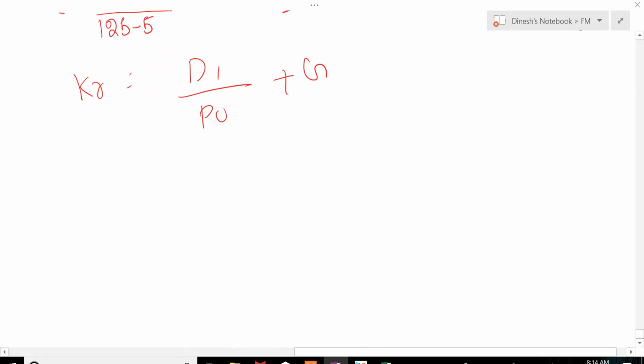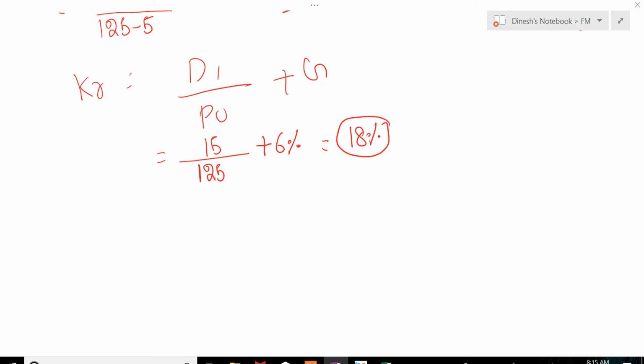It will be 15 divided by P naught is what? Growth is 15 by 125 plus 6%.